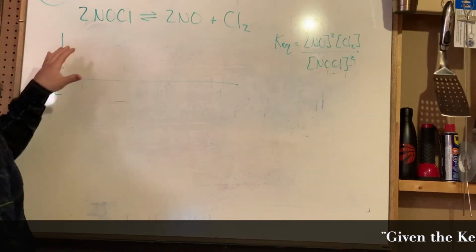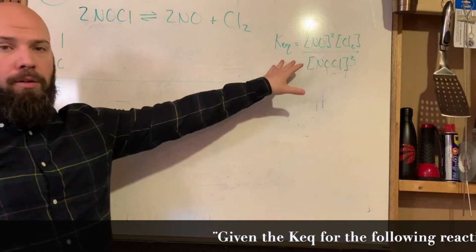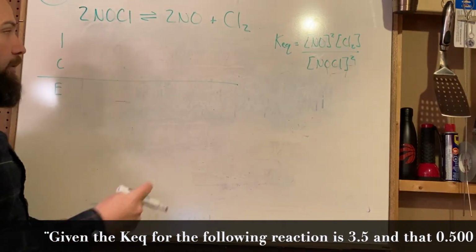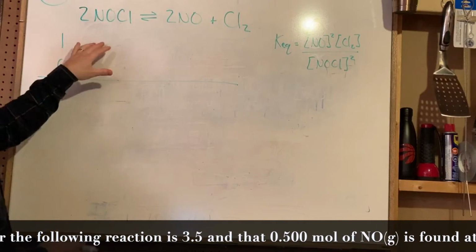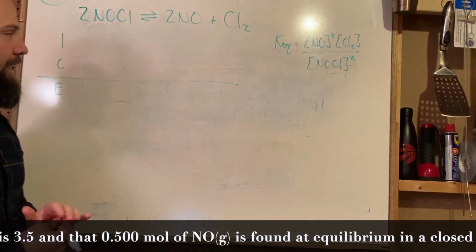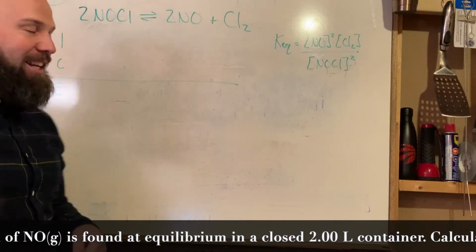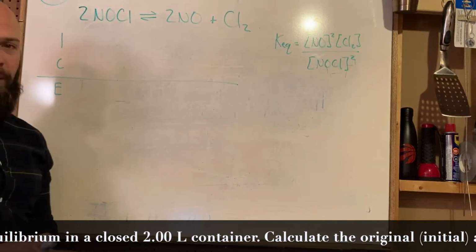Problem 2, we're given this reaction. I've written out the KEQ expression, and we're going to fill in the ice chart. Now, as I said, we're asked to calculate the initial value of this value.